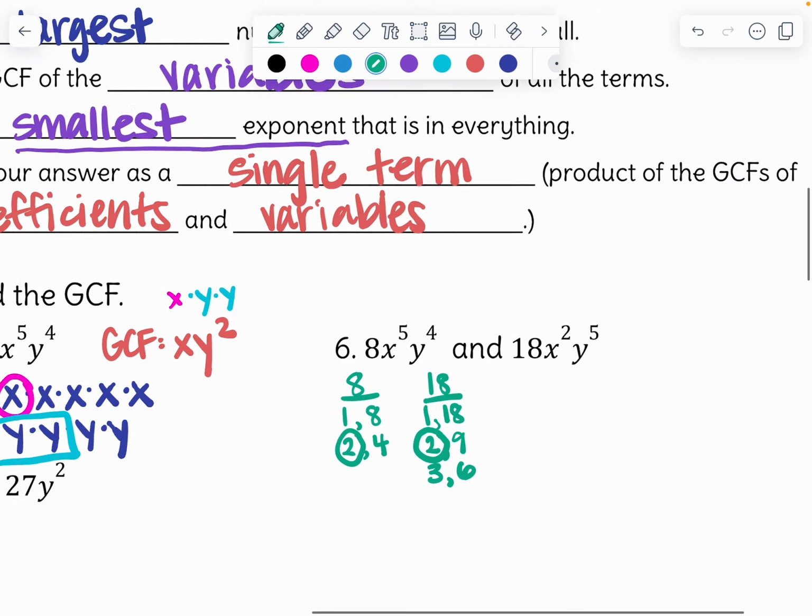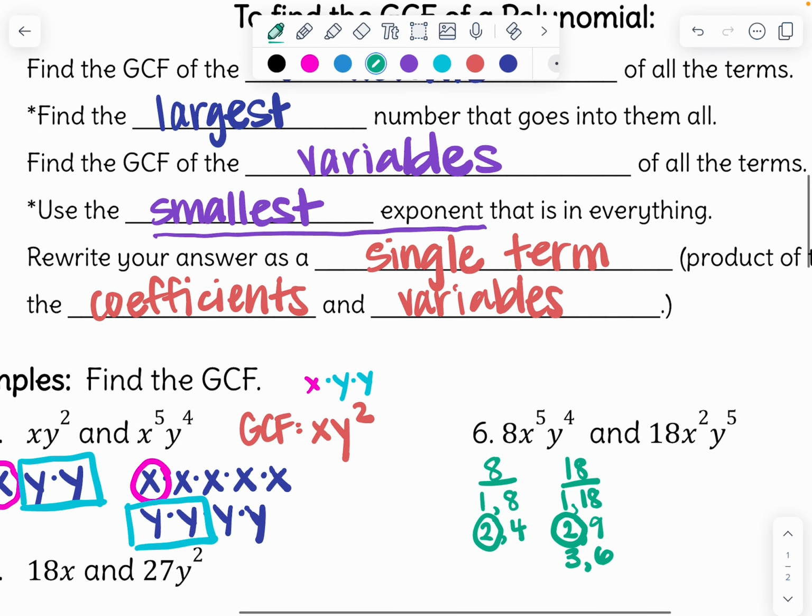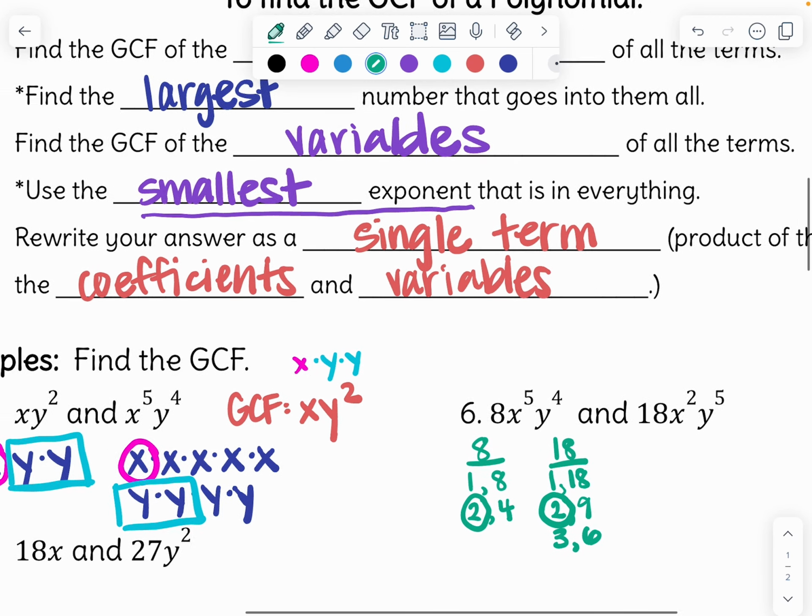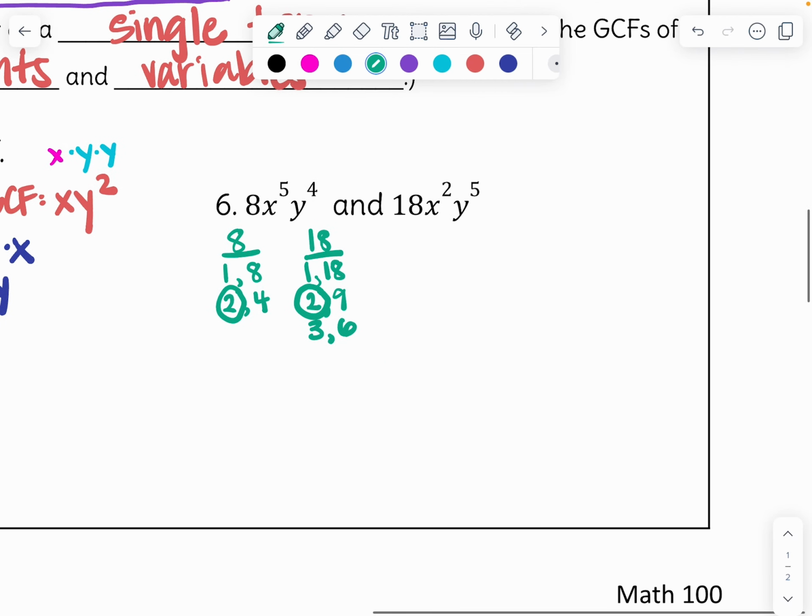Now, going by what we wrote up here, for the variables, we're just going to use the smallest exponent that they both share. So for x, we have a 5 and we have a 2. So we would pick x squared because it's the lower exponent with that variable.